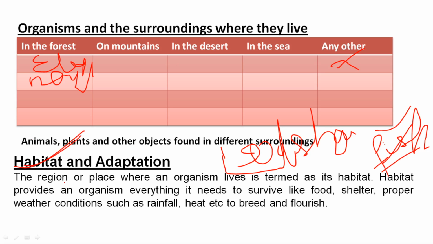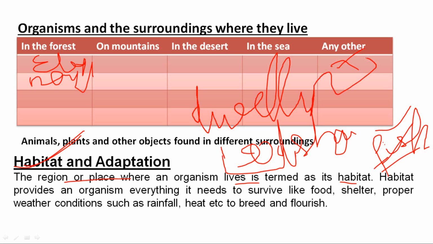The region or place where an organism lives is termed as habitat. Sometimes it is known as dwelling place. Habitat is the home of a living organism.